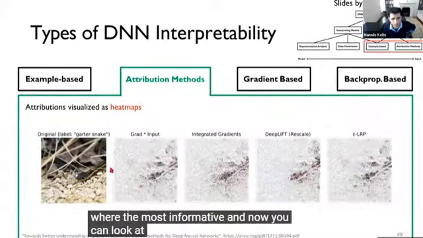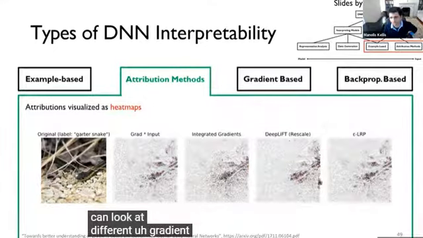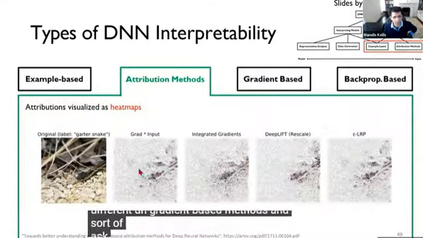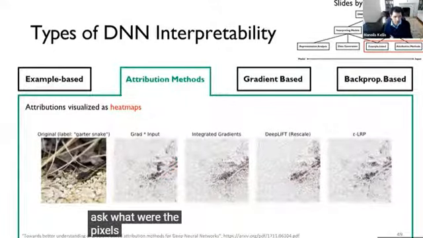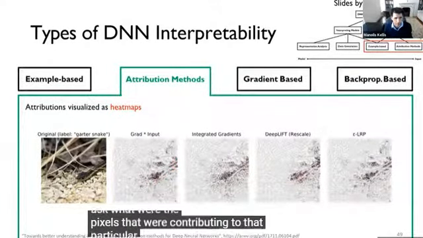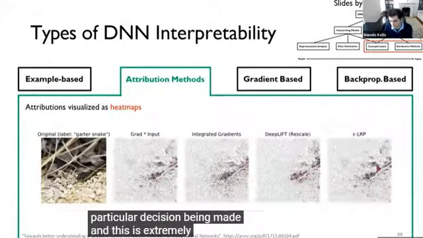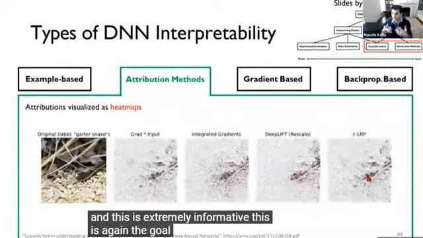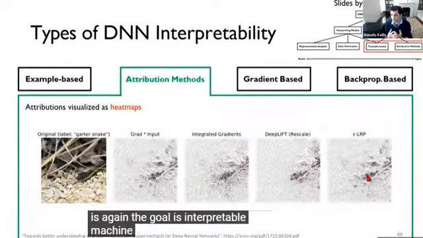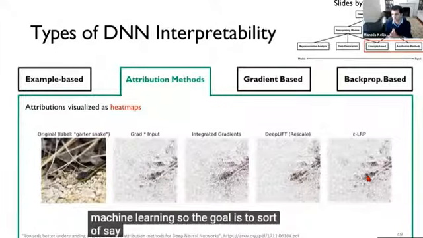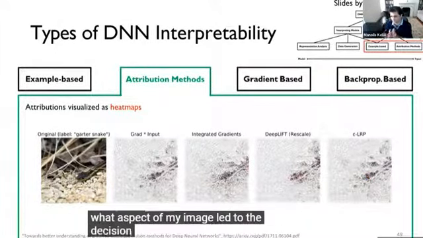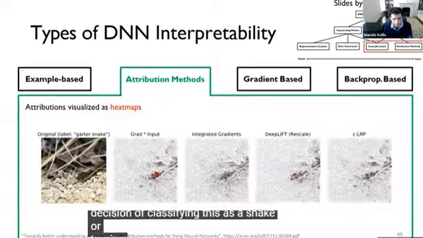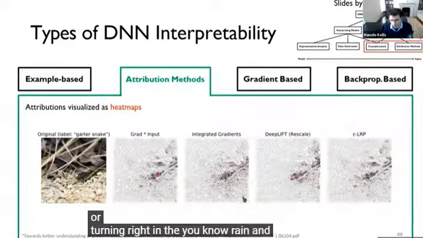Now you can look at different gradient-based methods and ask what were the pixels that were contributing to that particular decision being made. And this is extremely informative. Again, the goal is interpretable machine learning. The goal is to say, well, what aspect of my image led to the decision of classifying this as a snake, or turning right in the rain, and so on and so forth.